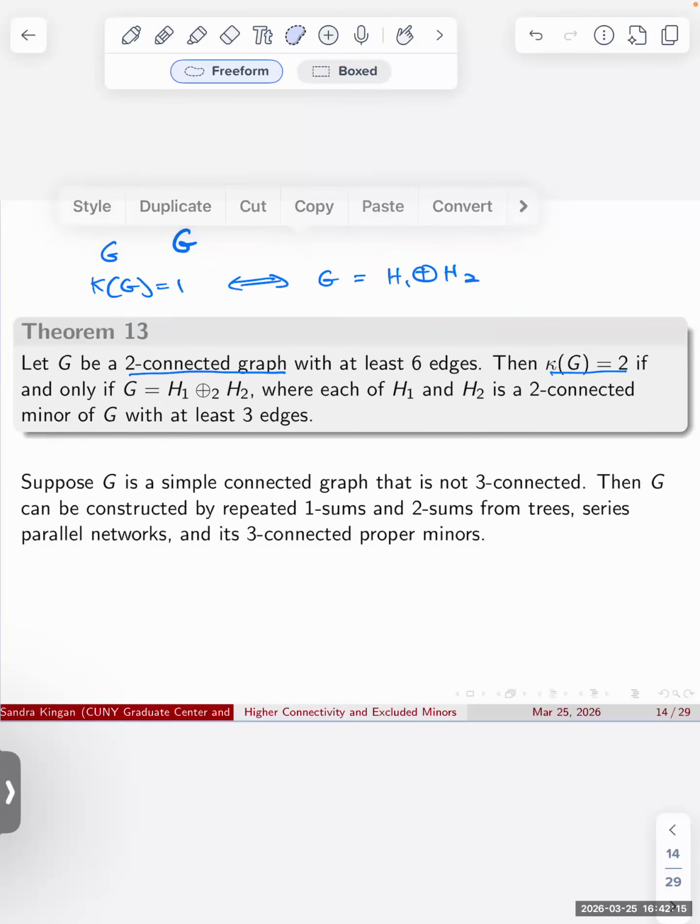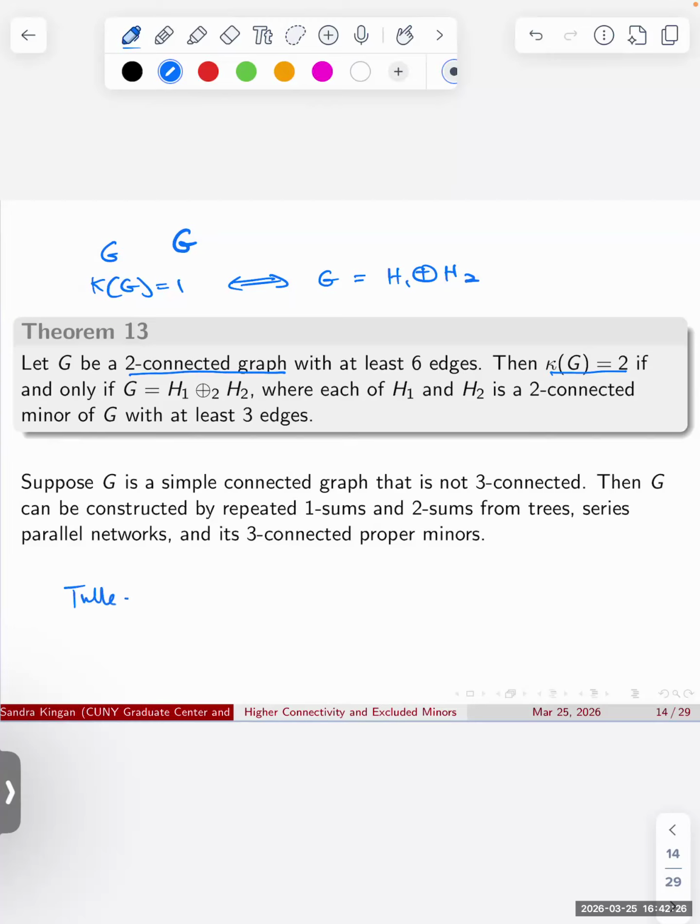So this was actually the last thing I did in this talk, and I wanted to flesh this result out a little bit more. I think it is Tutte's decomposition theorem. And it has a number of different ways of expressing it. This is one of the slightly looser ways of expressing it.